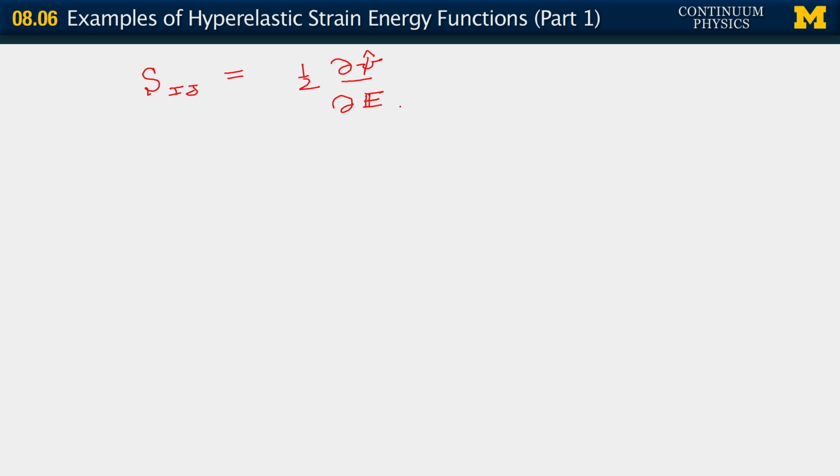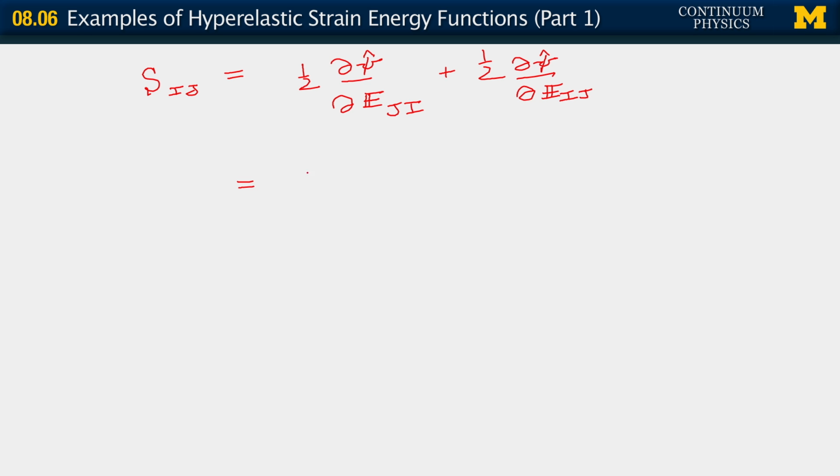I get a Ji. Ji plus 1/2 partial of psi hat with respect to E Ij. Okay, but now E is symmetric, right?